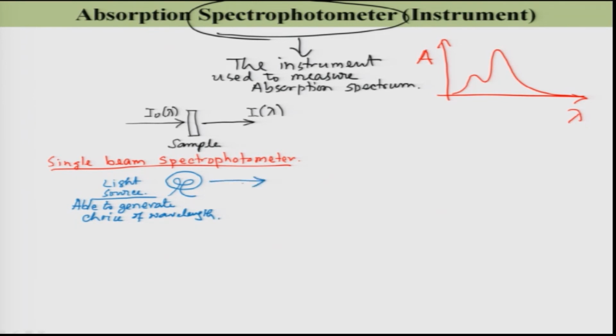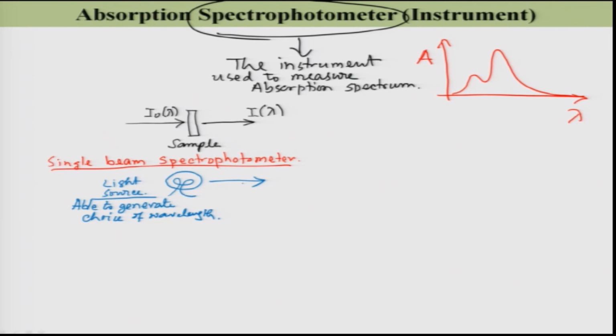Then I need something which is able to select your desired wavelength, right. Let us say this particular lamp can generate wavelengths over a wide region, for example from 450 nanometer to 1600 nanometer.